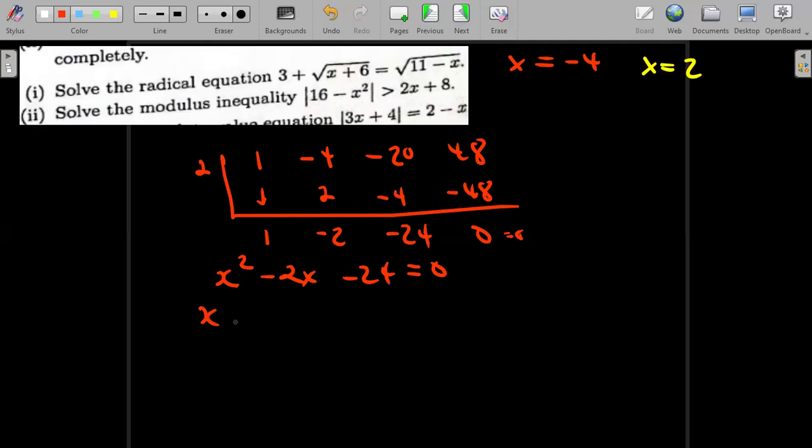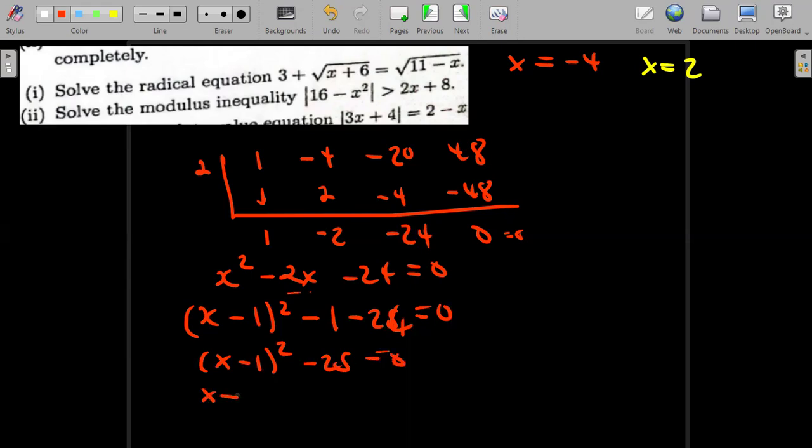So this gives me x minus half of this coefficient, which is just 1, squared, then minus 1, because 1 squared is just 1, minus 24. You add the 1, you get what? Negative 25. So this will be negative 25 equal to 0.